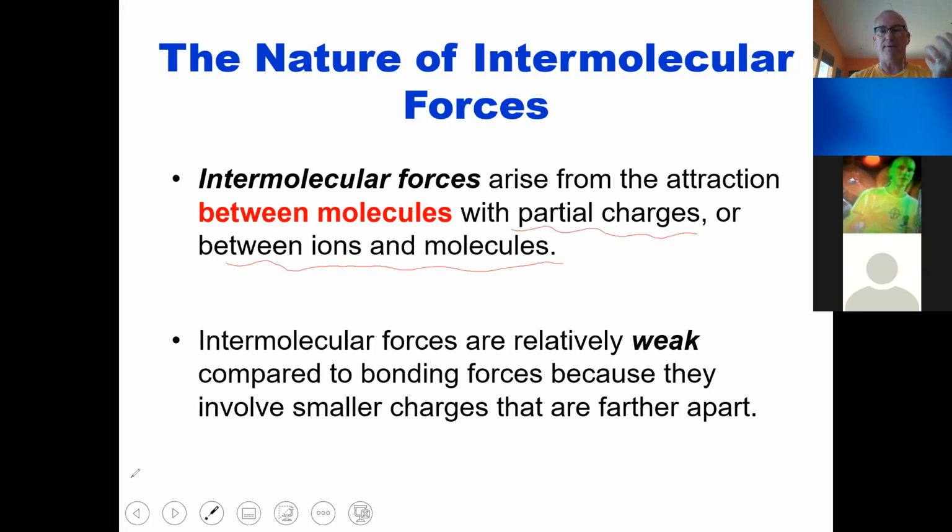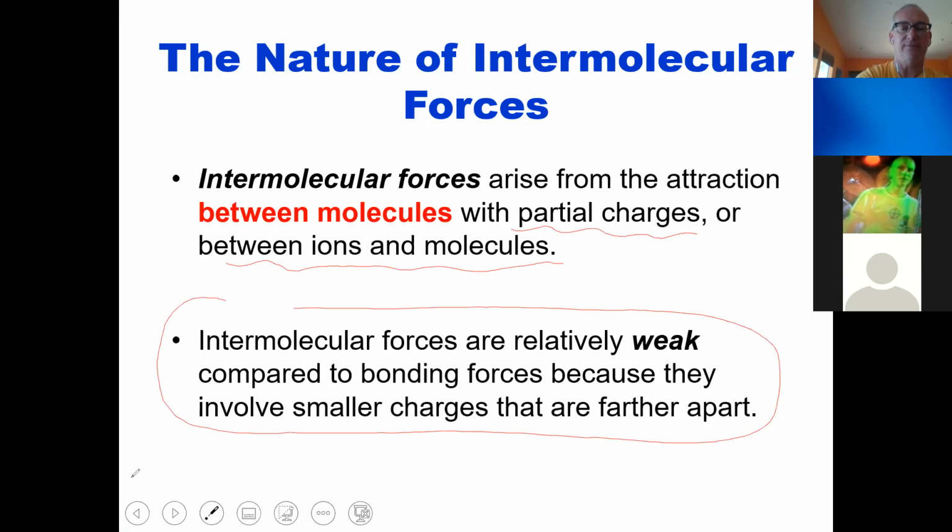And molecules with either a partial charge or some sort of induced charge. We'll talk about how the charges get induced next class. They're relatively weak compared to bonding forces because they involve much smaller charges and they're much further apart.